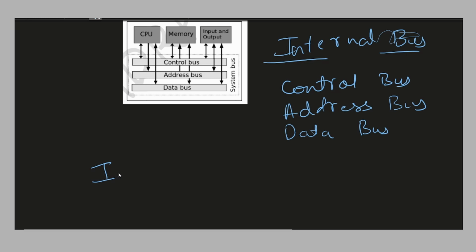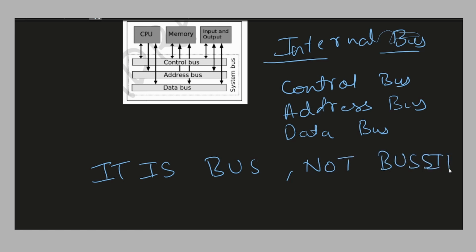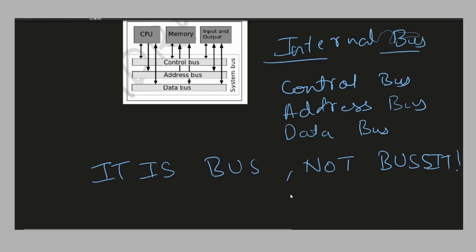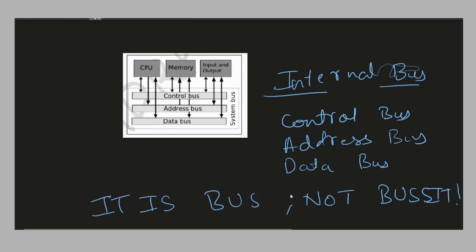So it is divided into three types of bus: control bus, address bus, and data bus.